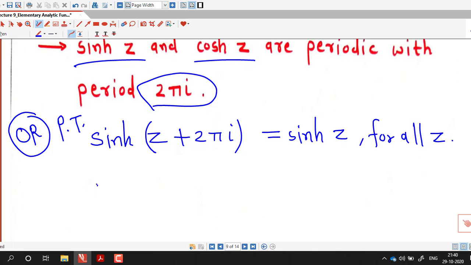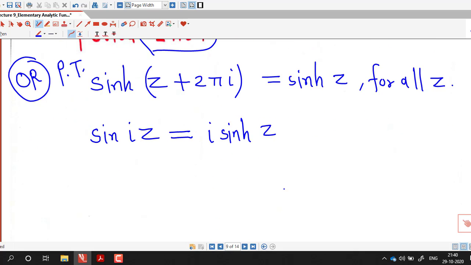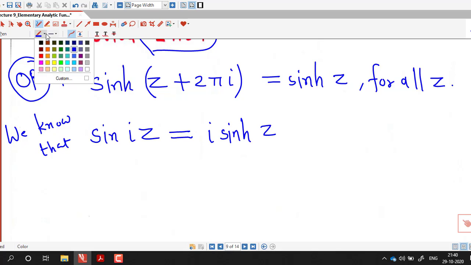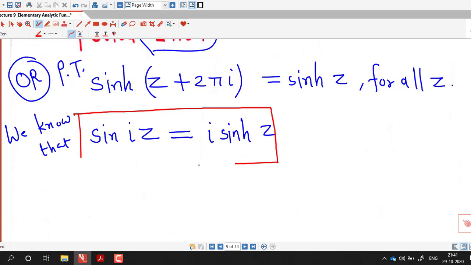So here also we can use that property. We know that sine iz is i sine hyperbolic z. Okay, we know this property. So we start from this. We know that sine iz is i times sine hyperbolic z.